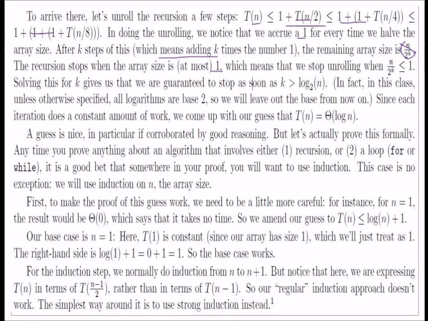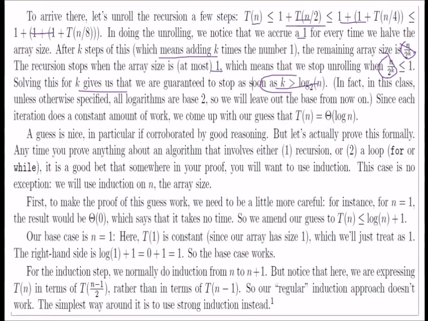That is, we stop unrolling when n/2^k is less than or equal to 1. When we solve this for k, where it is guaranteed to stop, we just take the log on both sides. So k is greater than or equal to log n, right? This is how we achieve this log n.